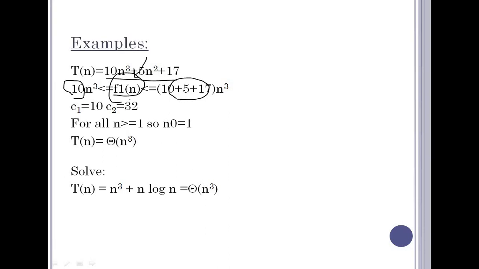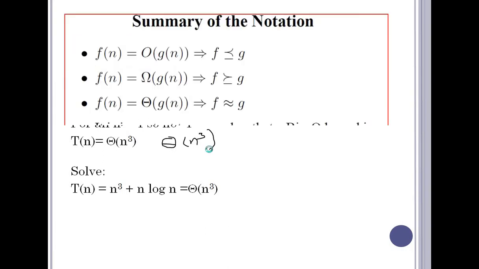I can see that my f of n is always greater than C1 g of n and always less than C2 g of n. In this way I will represent my time complexity as theta of n cube. This represents both the upper and the lower bound for an algorithm's running time. In this way you can solve another example.